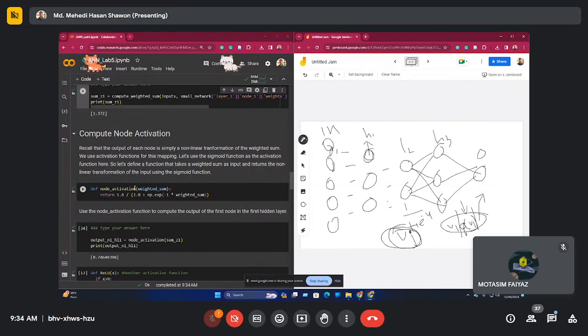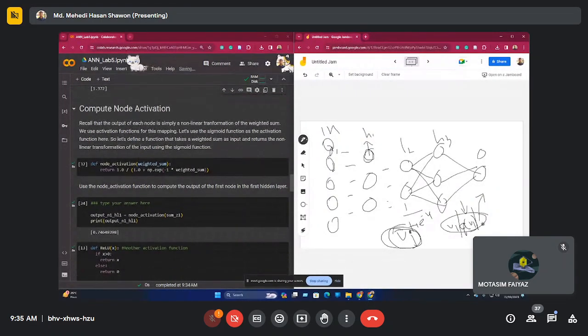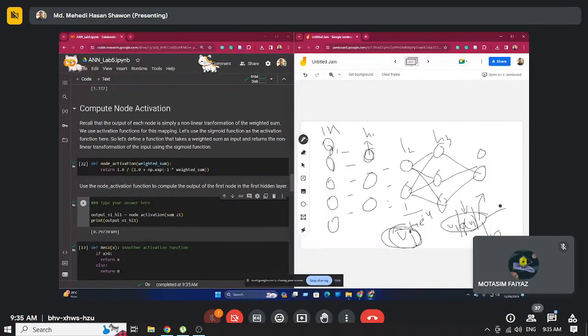So this function is doing that: if I put the weighted sum here, it will give something like sigmoid of bj. This function is doing just that, and here your output was produced, right? So this code is producing your output, and if you print it, you will see the output coming out from this neuron. Do you understand, Ataur Rahman? Yes, sir.